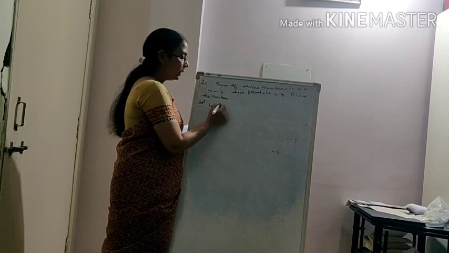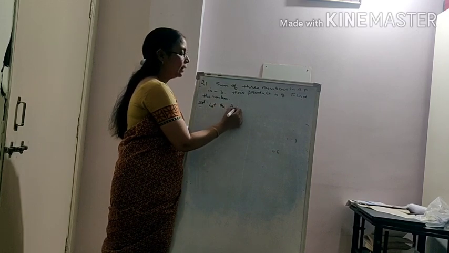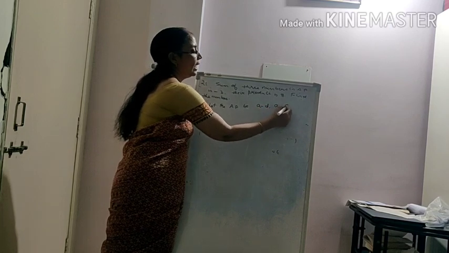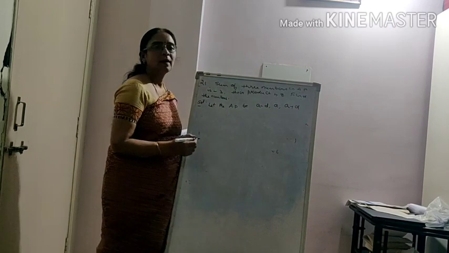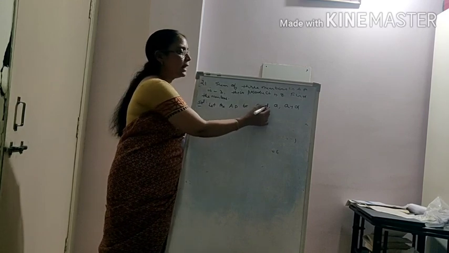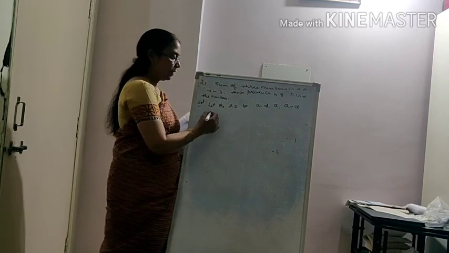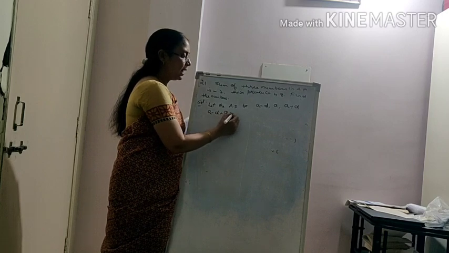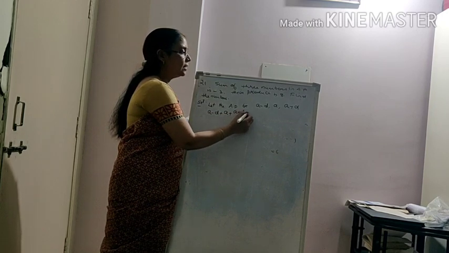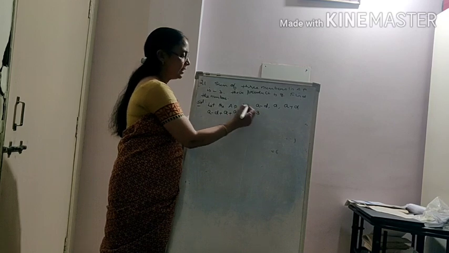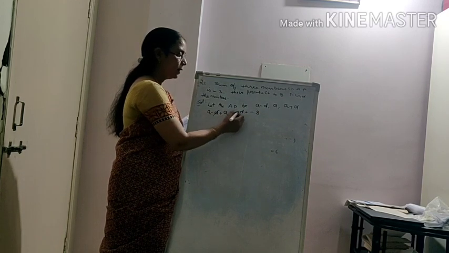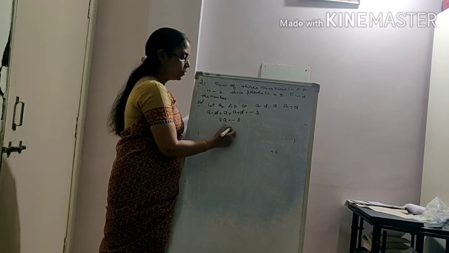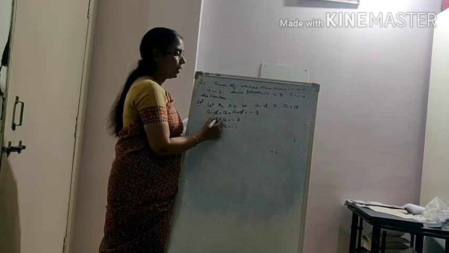Let us assume the AP as A minus D, A, A plus D. Now the sum of these numbers, A minus D plus A plus A plus D, is equal to minus 3. 3A is minus 3, so A is minus 1.